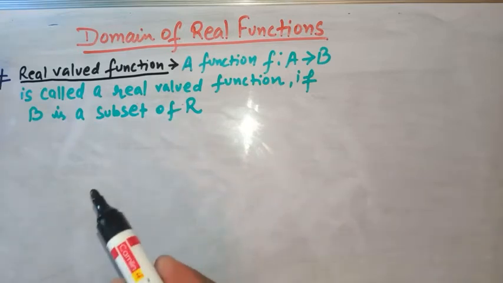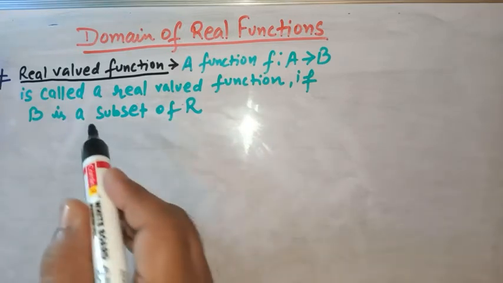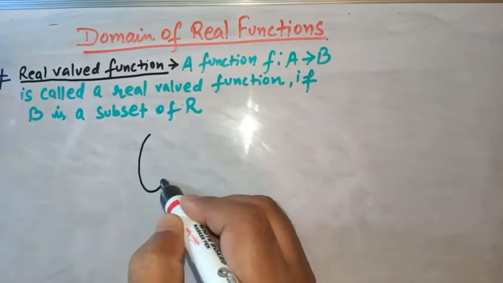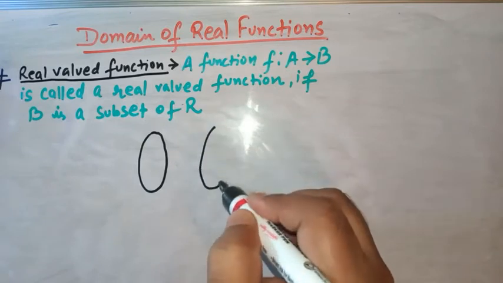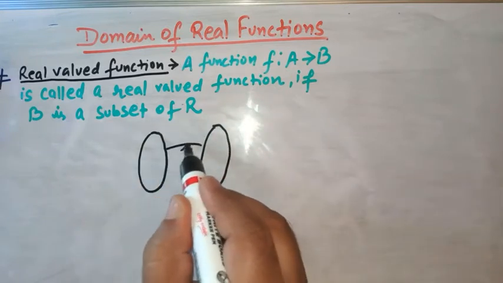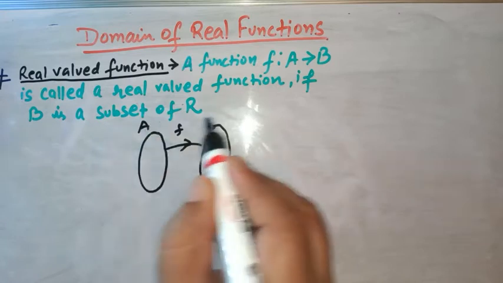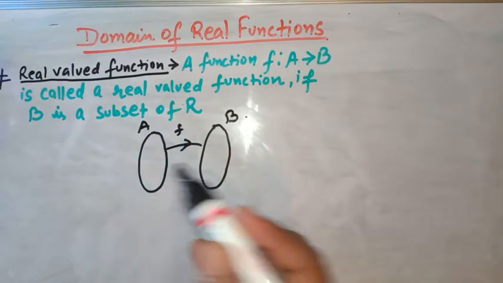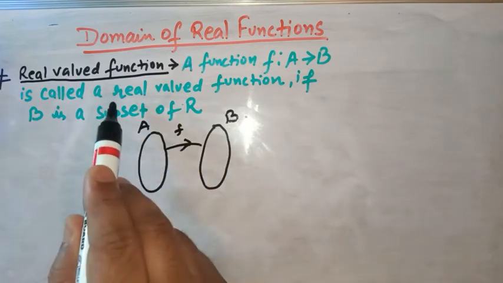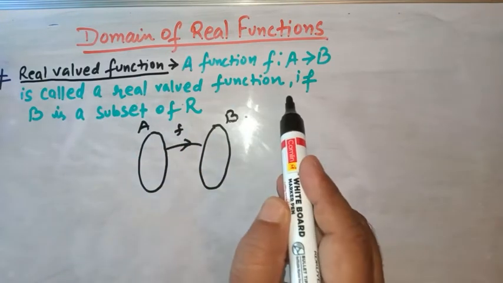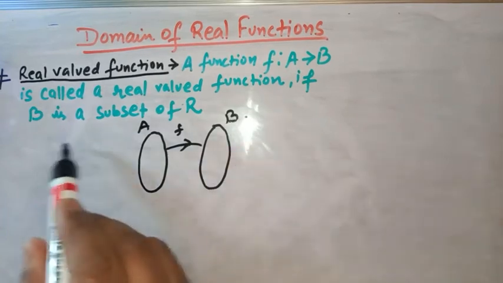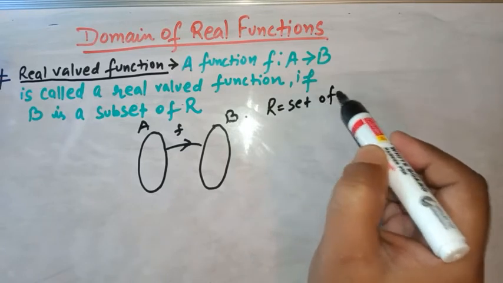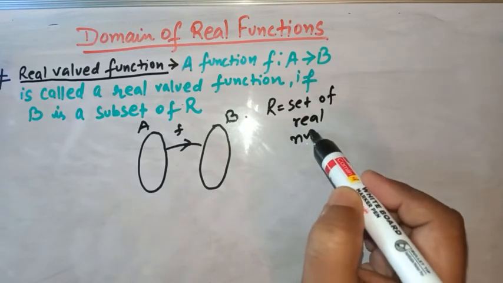Now let us see what is the meaning of this subset of R. Viewers, we have seen in our earlier videos, suppose we have a function f from set A to set B. Then this function f is called a real valued function if this set B is a subset of R. R means the set of real numbers. Clear?